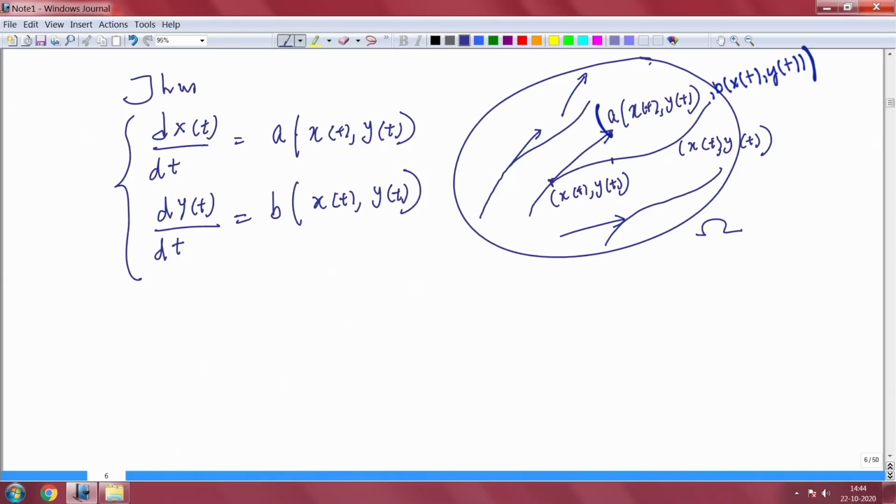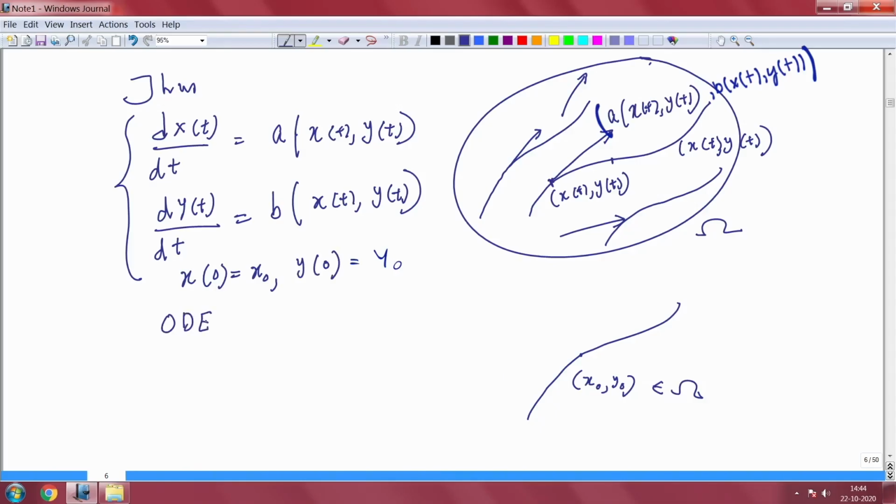So, if you fix a point (x0,y0) in omega, look for a curve whose x at 0 is equal to x0 and y at 0 is equal to y0. Your basic ODE theory will give conditions on a and b so that it gives you a solution.